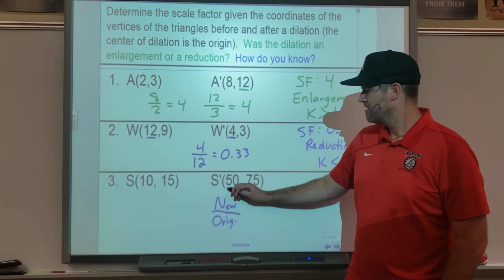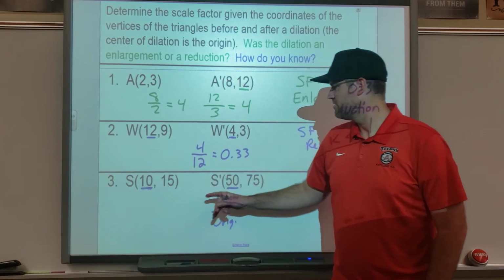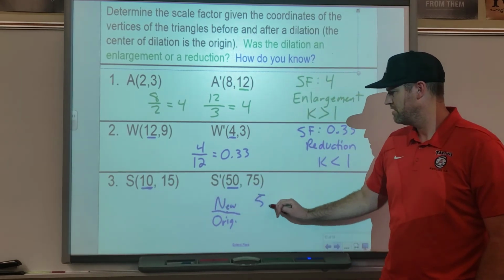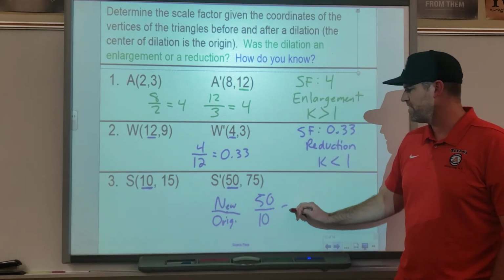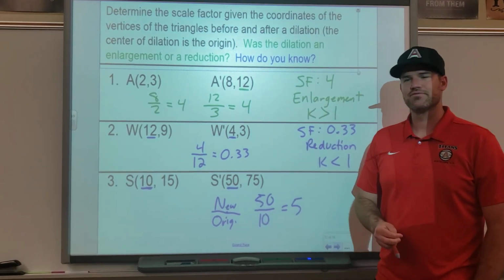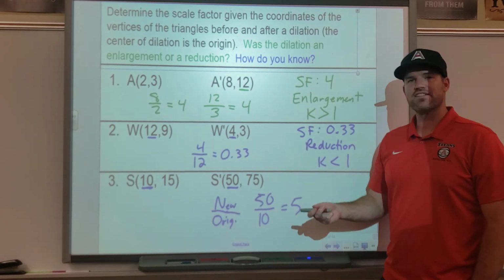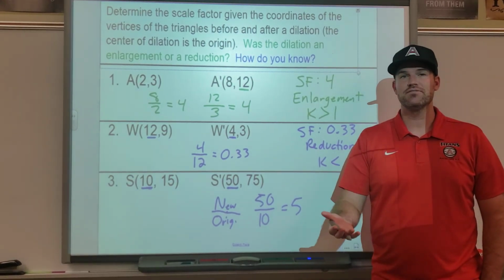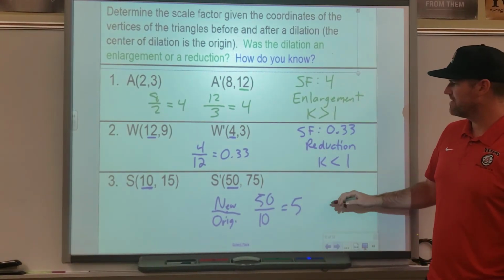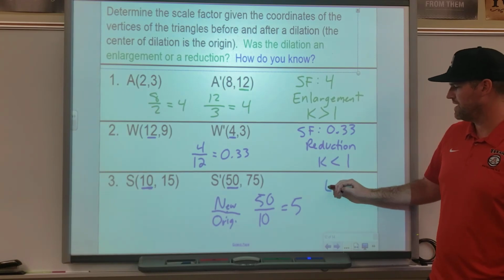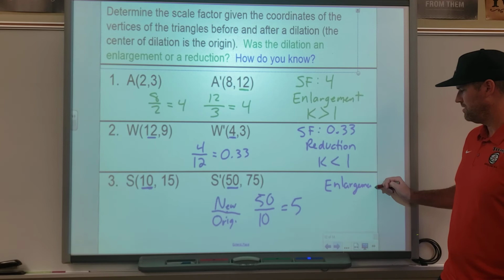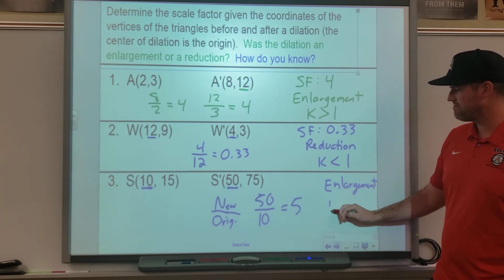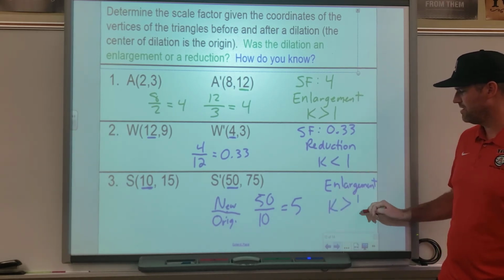And if we take these 2 points, new one is 50, the original point was 10, and 50 divided by 10 is 5. If our scale factor is 5, is that an enlargement or a reduction? Well, because it is bigger than 1, that would be an enlargement. And like I said, we know that because our scale factor is greater than 1.